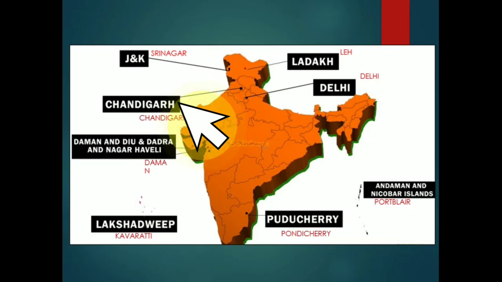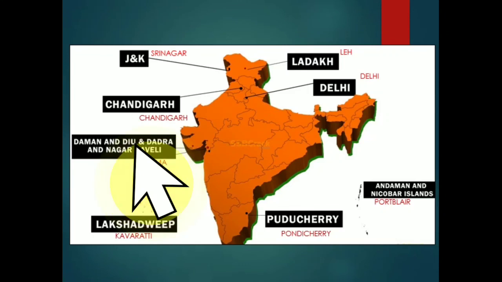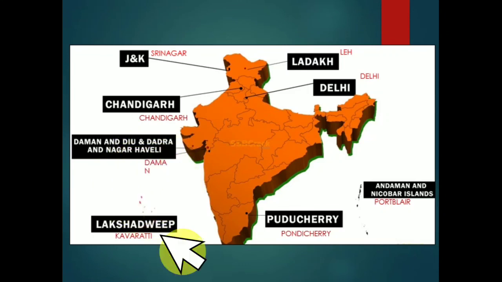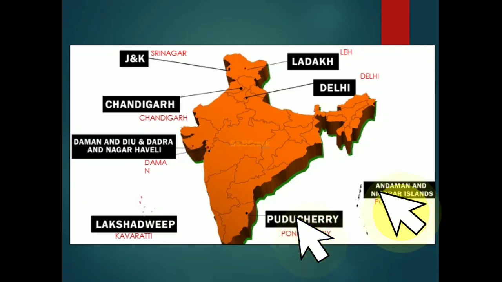Chandigarh. Daman and Diu and Dadra and Nagar Haveli are both merged now, capital is Daman. Lakshadweep Islands, Kavaratti. Andaman and Nicobar Islands, Port Blair. Puducherry, Pondicherry. So these are the capitals of all the 8 union territories.